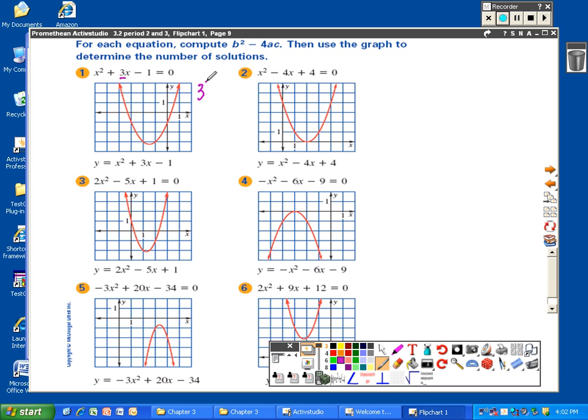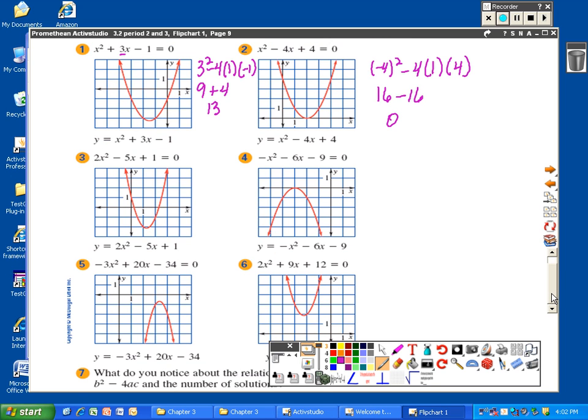So 3 squared minus 4 times a times c, 9 plus 4, 13. b squared minus 4ac, 16 minus 16, 0. b squared minus 4ac, 25 minus 8, 17. b squared minus 4ac, 36, 3 negatives make a negative, minus 36 is 0.